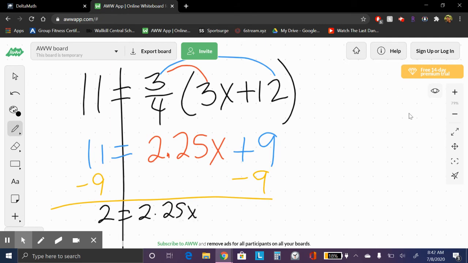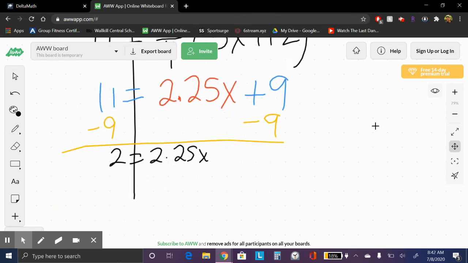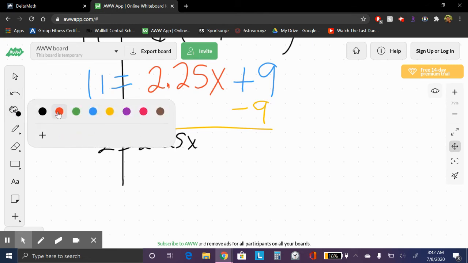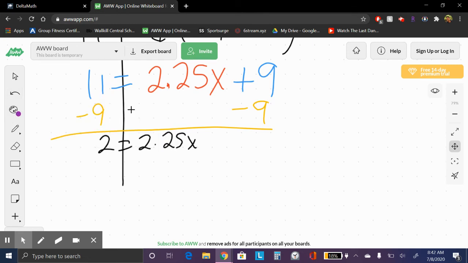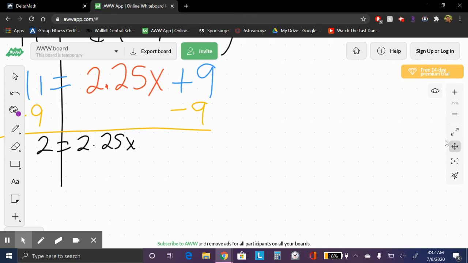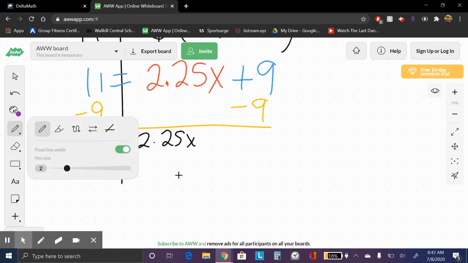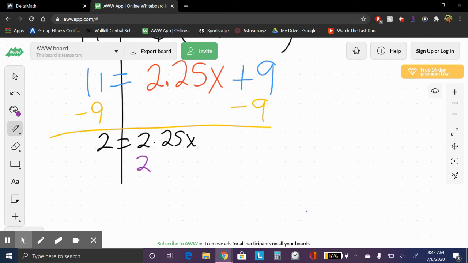And then what we'll do is divide both sides by 2.25.